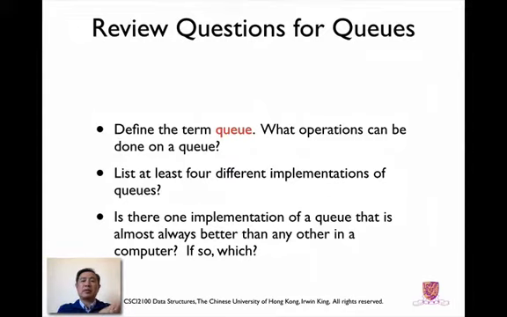And furthermore, because the underlying data structure is different, your algorithm will be different, and your algorithm complexity will also be affected and will be different as well. Is there one implementation of a queue that is almost always better than others in a computer? What is your answer?